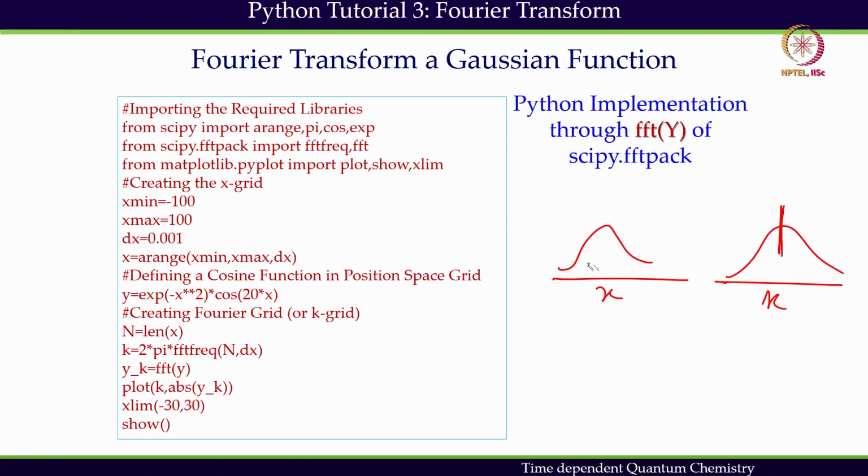So, it does not look like just e to the power minus x square, it has cos 20x, which is the fast moving component. So, this is more like a Gaussian wave packet. So, we should make it a Gaussian wave packet.